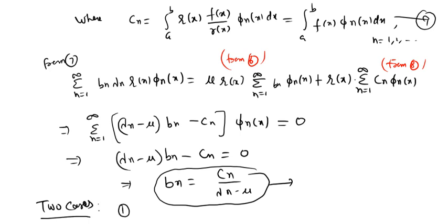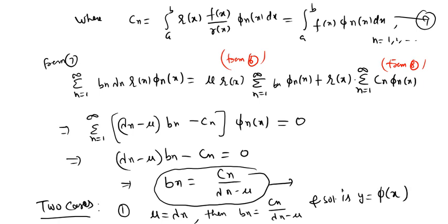So the first case is, if mu is not equal to lambda n, then you can solve the equation. Then we have bn equal to cn by (lambda n minus mu), and the solution is y equal to phi(x).